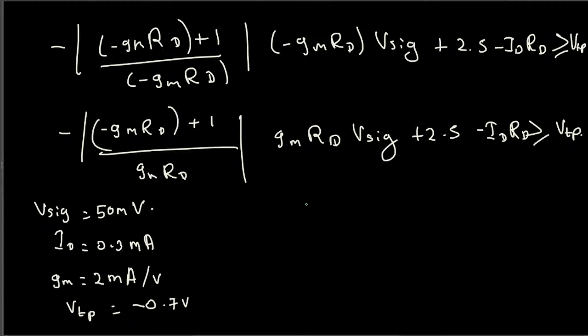So if you rearrange and solve for RD, you will end up getting RD to be less than or equal to 8.125 kilo ohm.